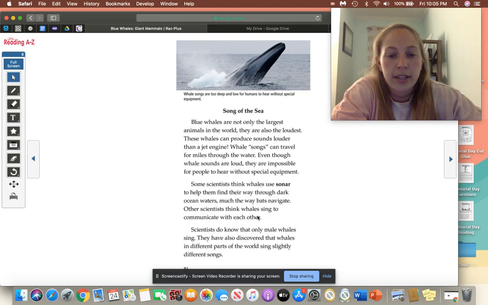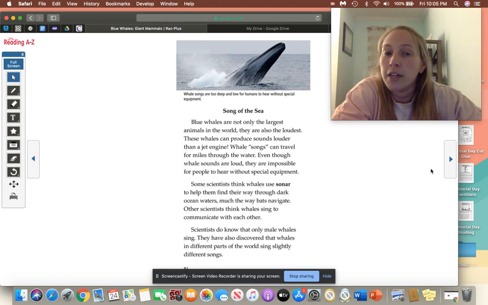Other scientists think that whales sing to communicate with each other. Scientists do know that only male whales sing. They've also discovered that whales in different parts of the world sing slightly different songs. That seems similar to how people from different parts of the world speak different languages.